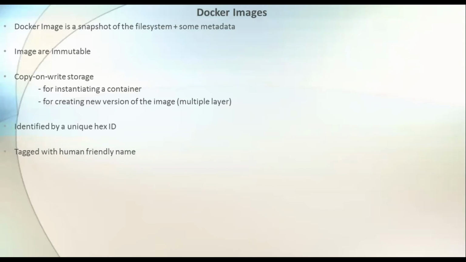That means we can only write to the image if we create a container, otherwise these images are read-only, so we cannot write directly on these images. Images are copy-on-write storage. That means, as we discussed, it can be written after creating a container, or we can write on the images by creating layer by layer with new versions.